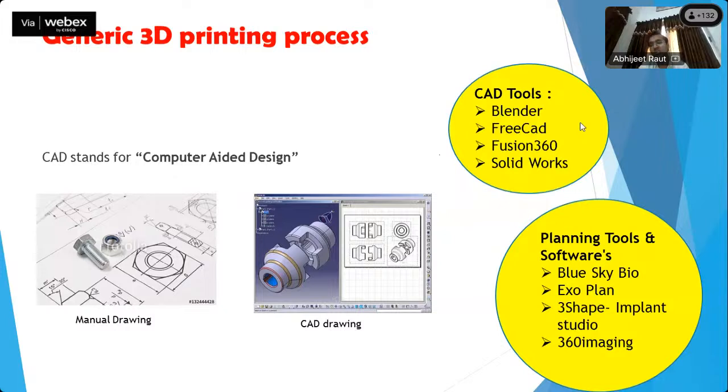Every engineering college has CAD software, but there are also various open source, free software like Blender, which you can note down. Free CAD software is there, and Google also has its CAD software, Google SketchUp. So these are the open source or free software.